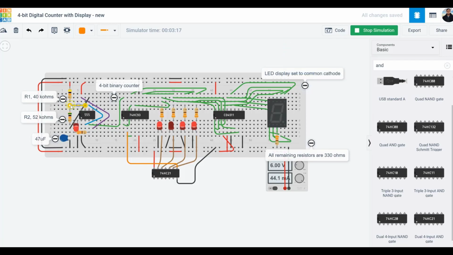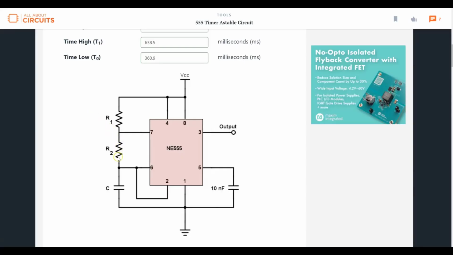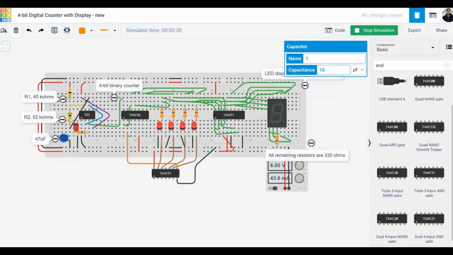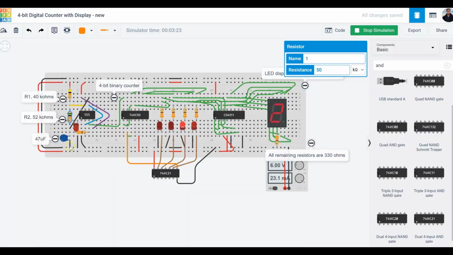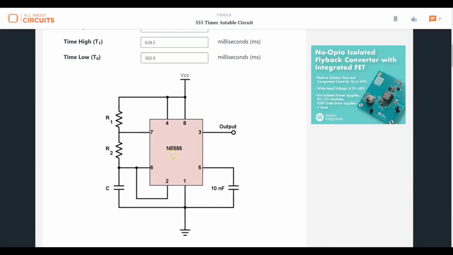This yellow wire is connected to pin number 7. Then vertically we have a capacitor. The capacitor is connected to R2, and the other end of the capacitor is simply connected to the ground. And that's pretty much it. And like I said, pin number 5, we're not using it here. They just connect it to the ground via a small capacitor.